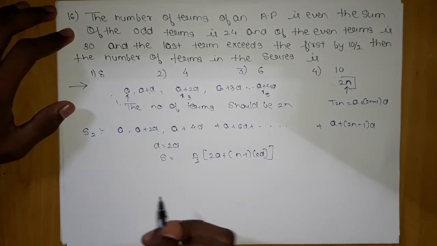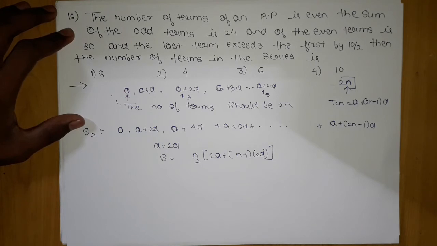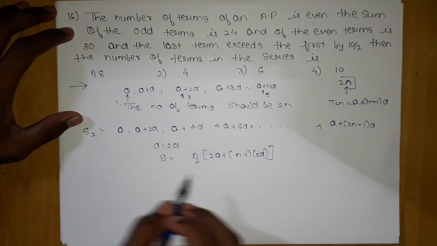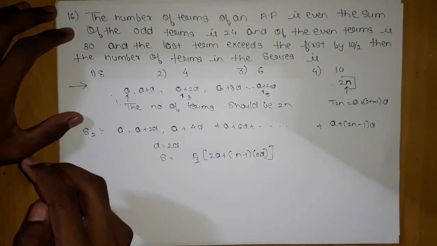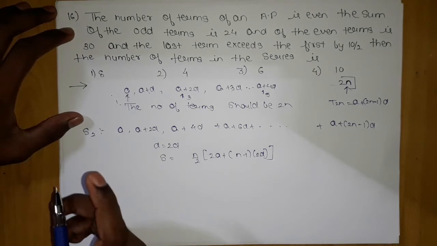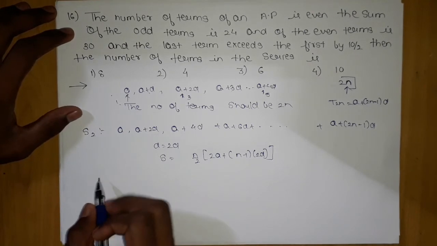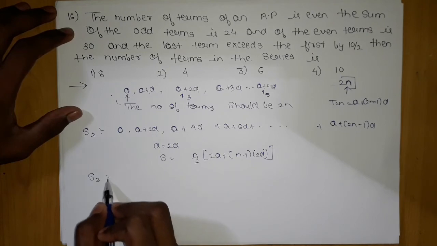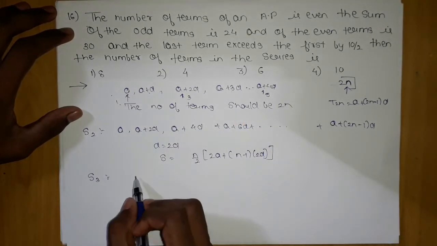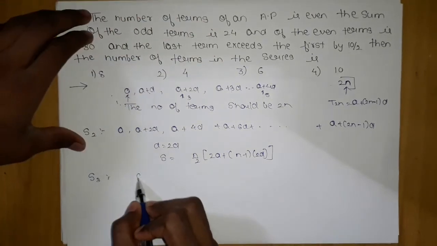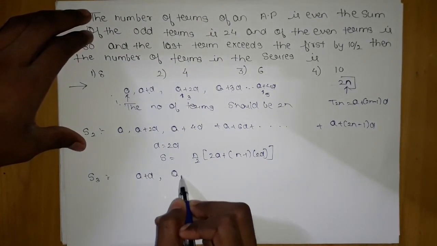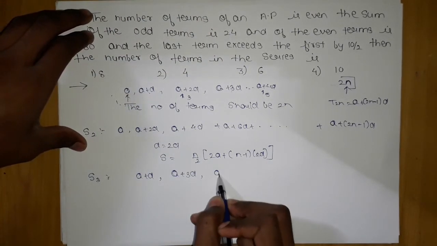Now moving on further, we will take the next one. What will be our next term? If they are talking about even terms, even terms mean second, fourth, so the terms will be a plus d, a plus 3d, a plus 5d.